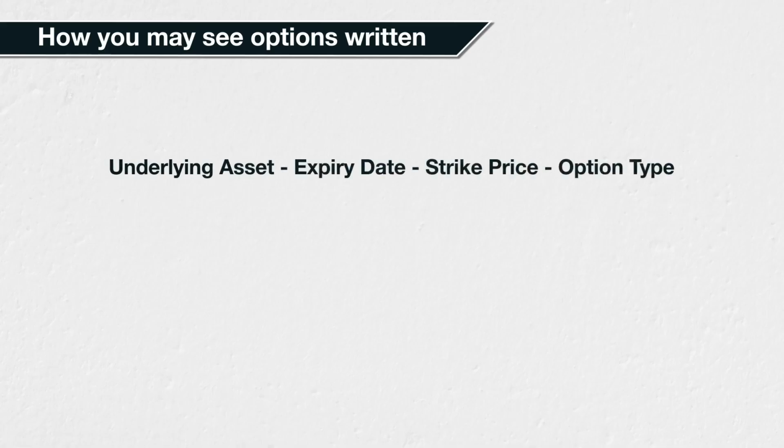Let's look at how you may see an option written. On the Deribit platform, you will see option instruments written in the following format: underlying asset, expiry date, strike price, option type.